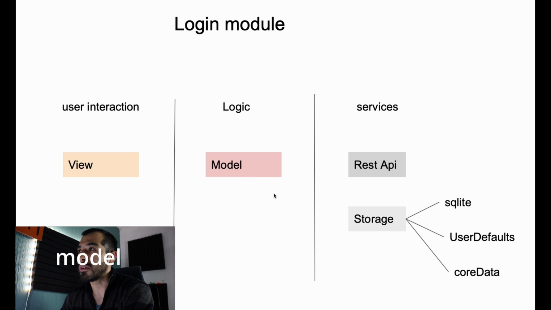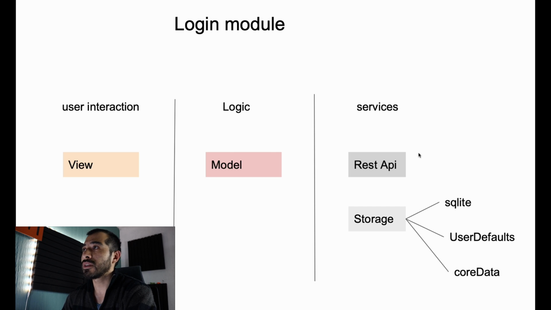Inside my module, I have implemented all the logic needed by my login module, and then my module communicates or fetches information from my services. This is my last layer.